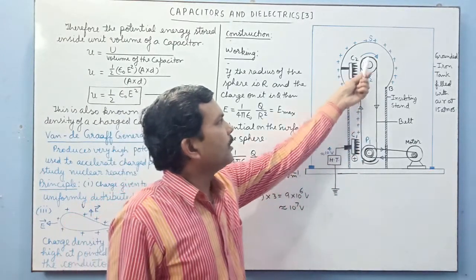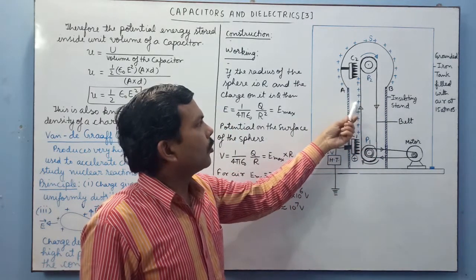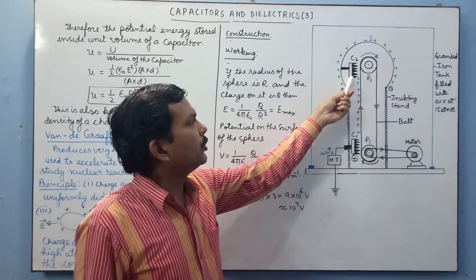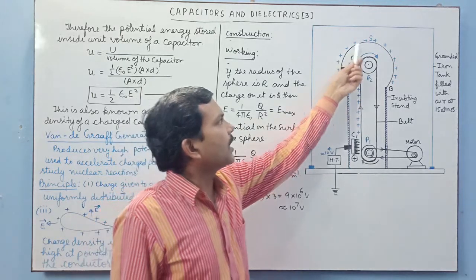Since this belt is continuously moving, this charge slowly reaches the collector comb C2, which is connected with the inner surface of the spherical conductor S.